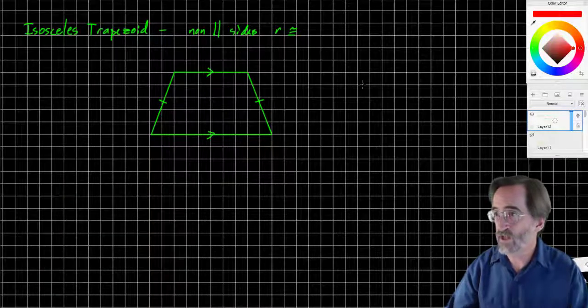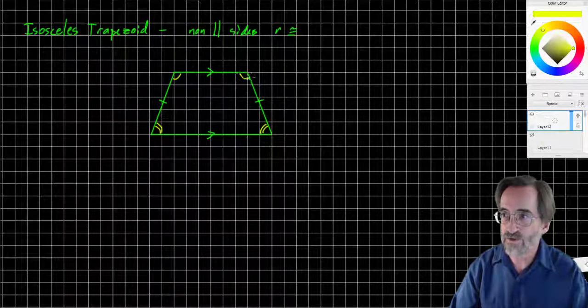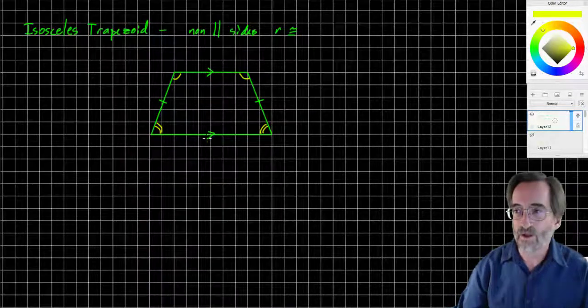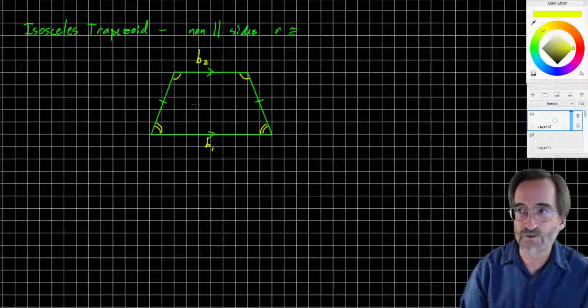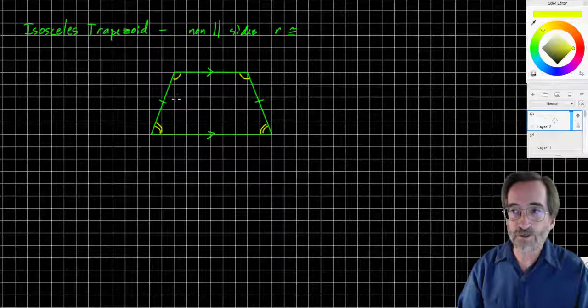So we can say that this angle here is congruent to this angle here. These are base angles. But there's also another pair of base angles that are congruent as well. So these two base angles are congruent as well. We have two bases, base 1 and base 2, in an isosceles trapezoid. And the same rule, since it's a trapezoid, applies.